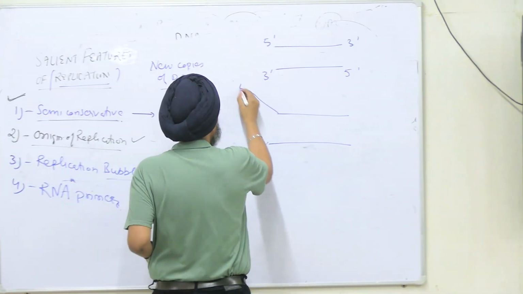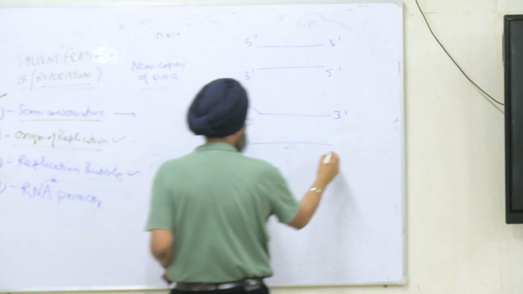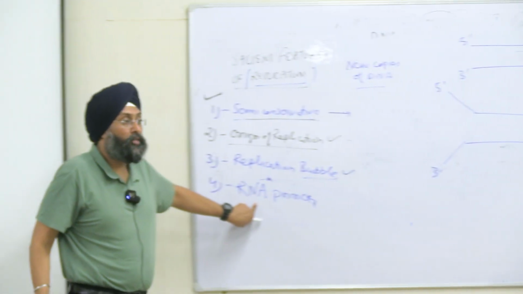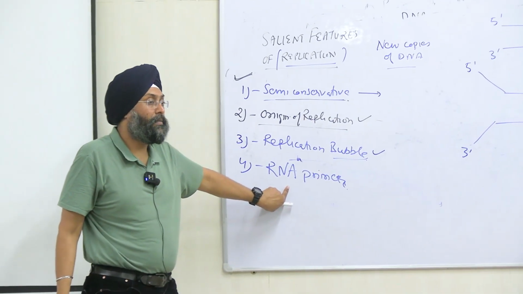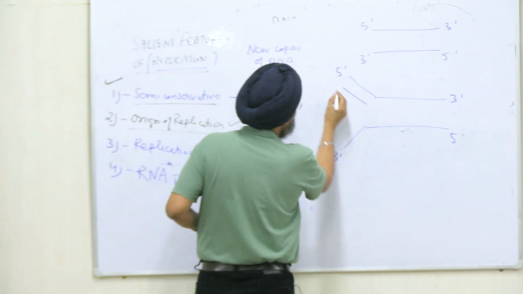Okay, so 5' to 3' and 3' to 5'. Now we are coming on to the RNA primer, right? Here we are synthesizing DNA.